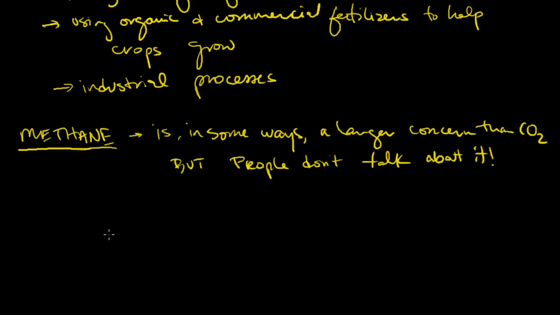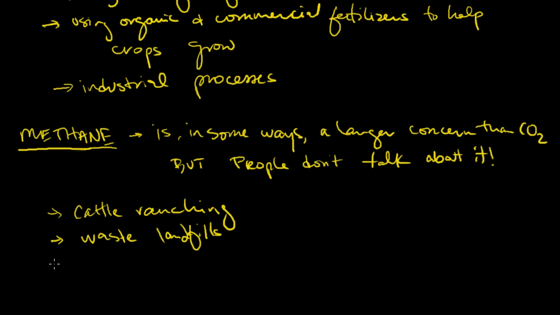Okay, so methane increases mostly because of cattle ranching. So cows make an incredible amount of methane. There's also a lot of it that's made in waste landfills, by bacteria that are breaking down or decomposing.